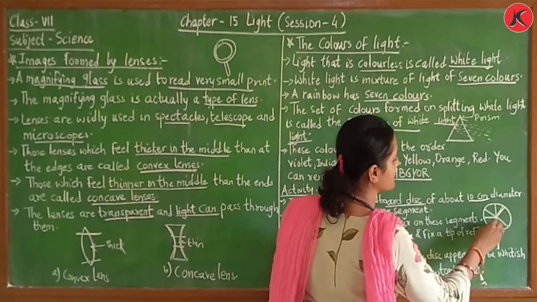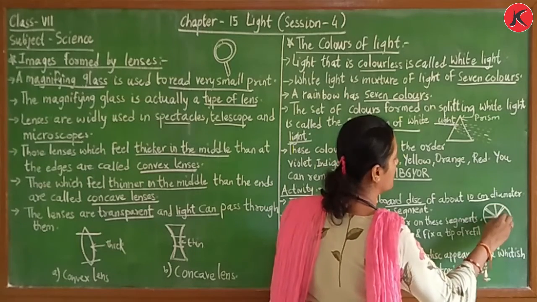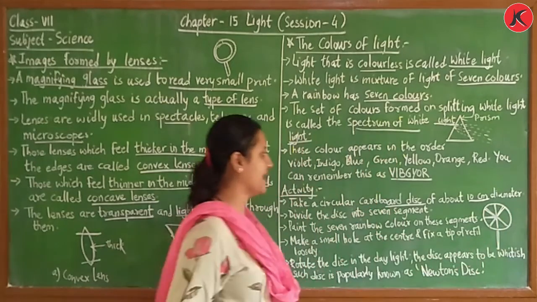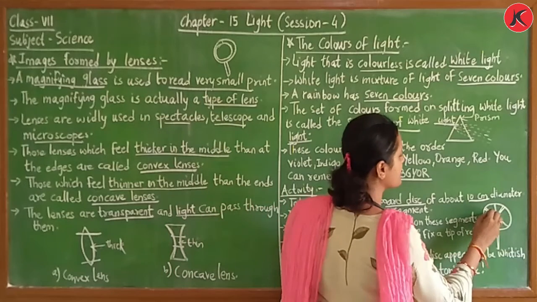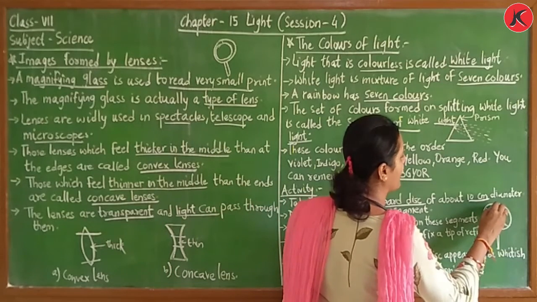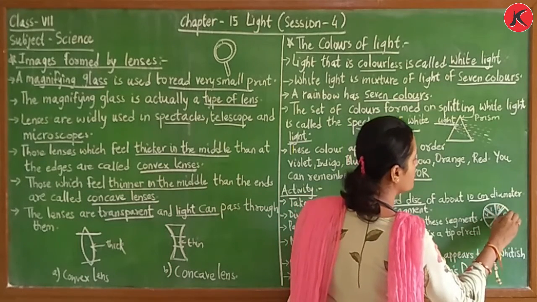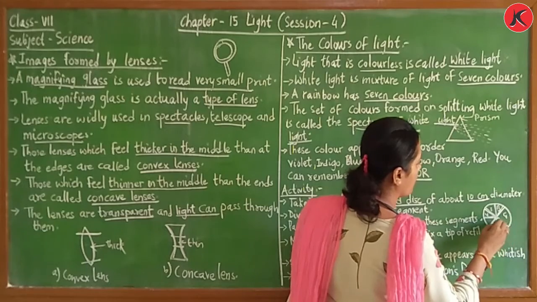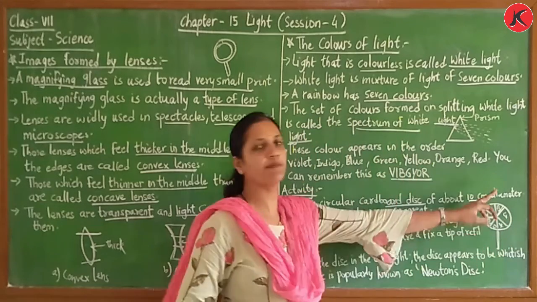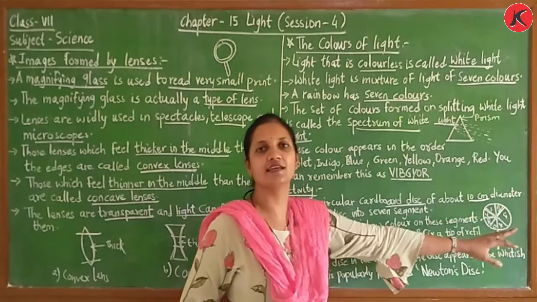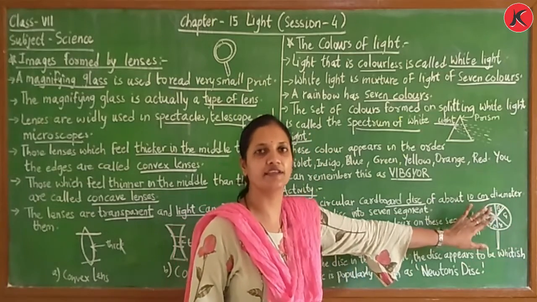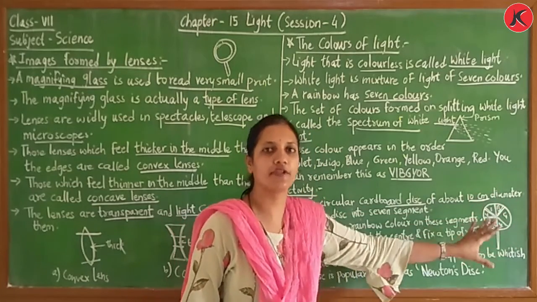You have to make 7 segments into the disc like this. And in that you have to color the segments with violet, indigo, blue, green, yellow, orange, red with VIBGYOR. So each triangle you will color with single color, that is 7 colors of rainbow.